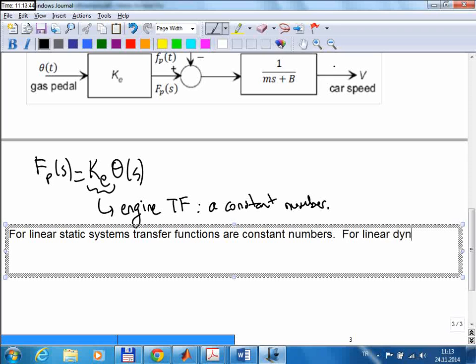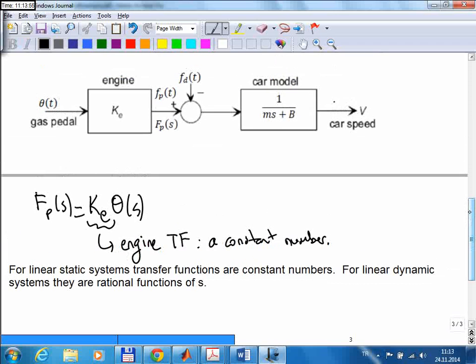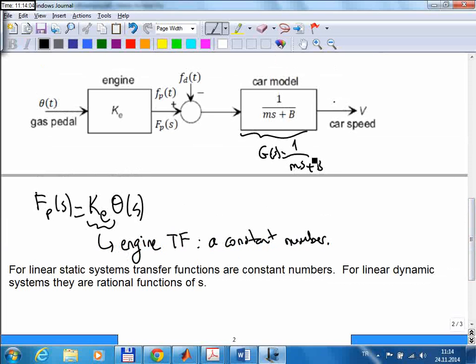For linear dynamic systems, they are rational functions of s. So for example, this is a dynamic system, and for that the transfer function is the first order transfer function, 1 over ms plus b, but for the engine we assume a static engine.